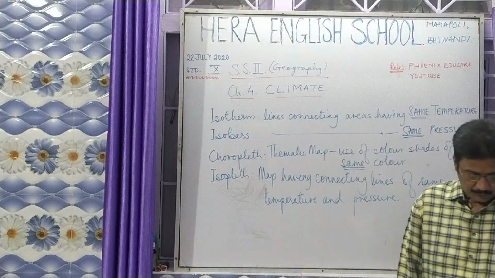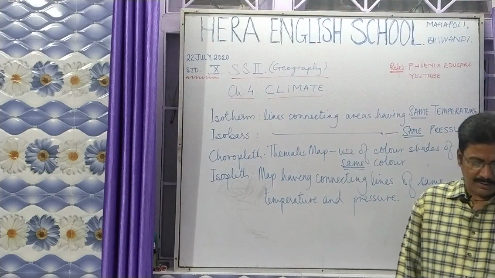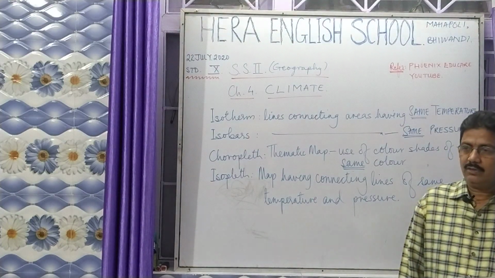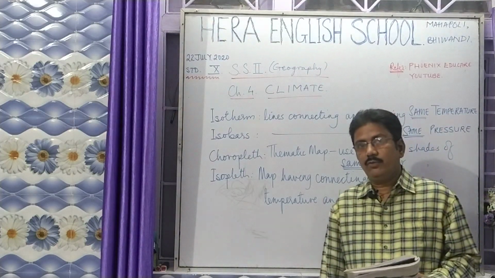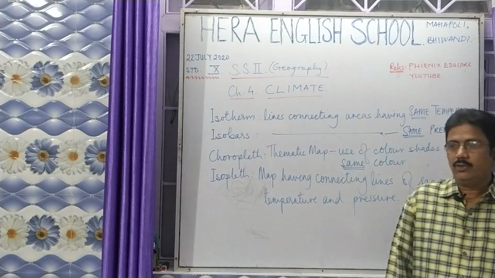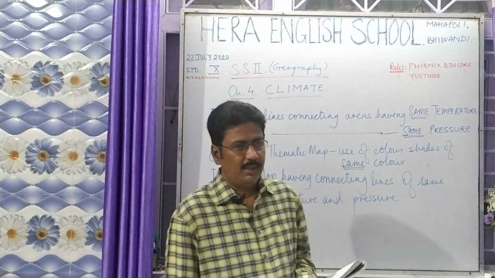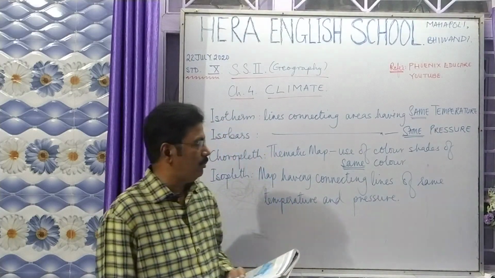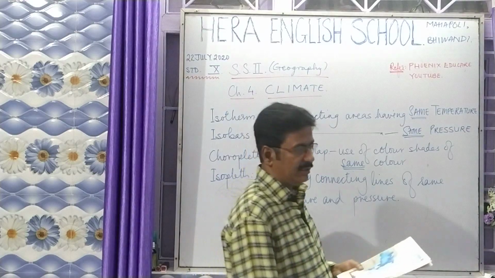If you look at figure 4.1 on page number 25, you can see the whole map uses the color blue. If you take a normal blue color and add one drop of white, the shade will change into a lighter blue. Add another drop of white and it becomes much lighter.